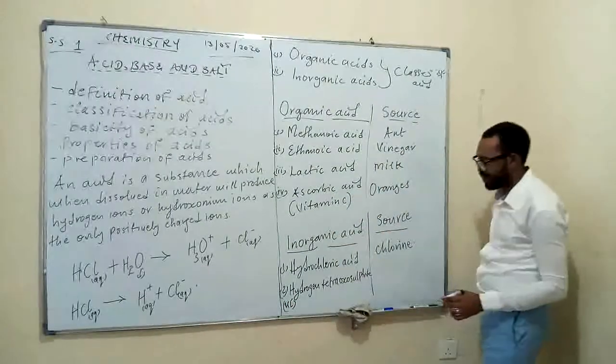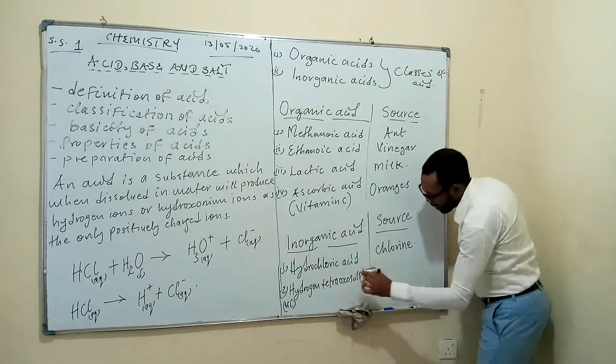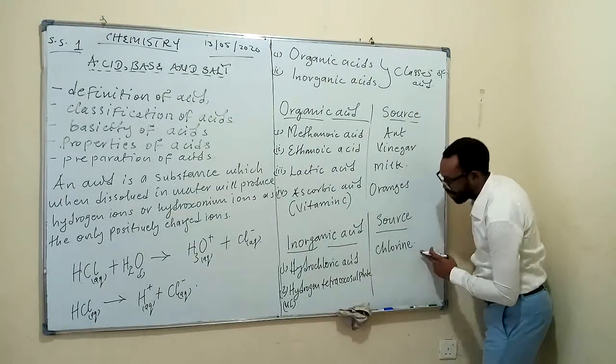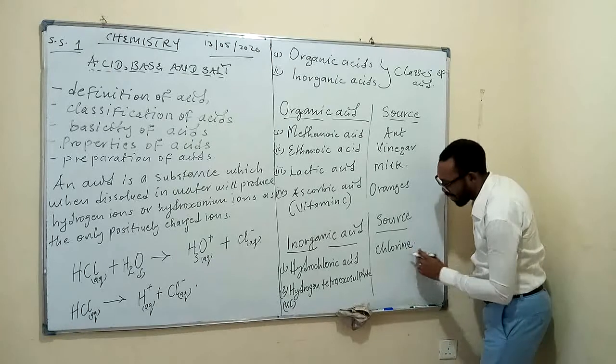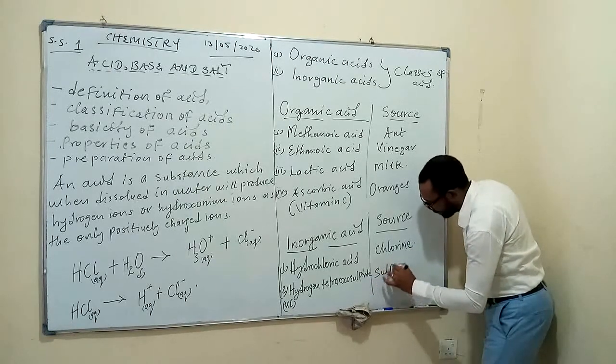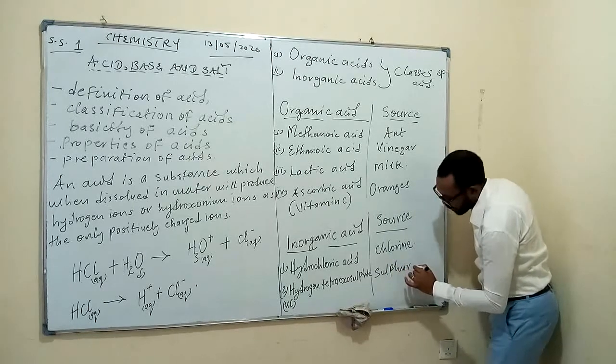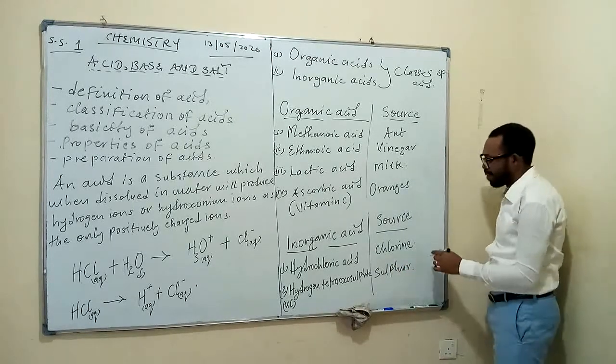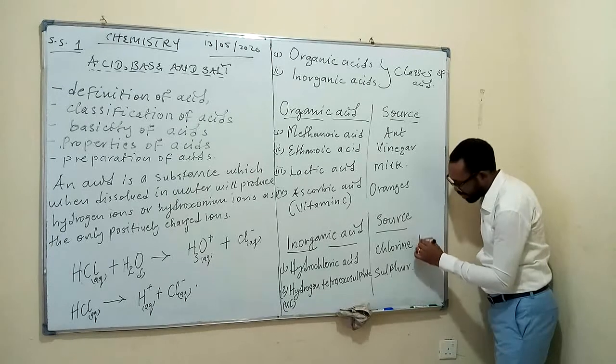Hydrogen tetraoxosulfate 6 is from sulfate ions. You can call these chloride ions or chlorides. Chlorine, chloride. This is from sulfur, from sulfur deposit.